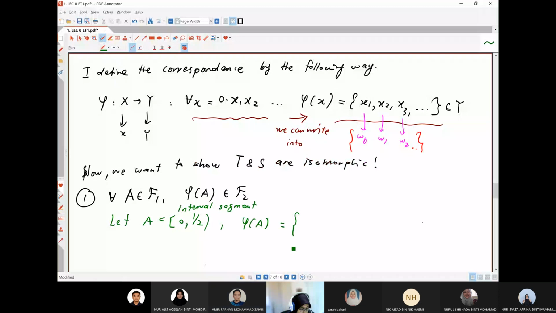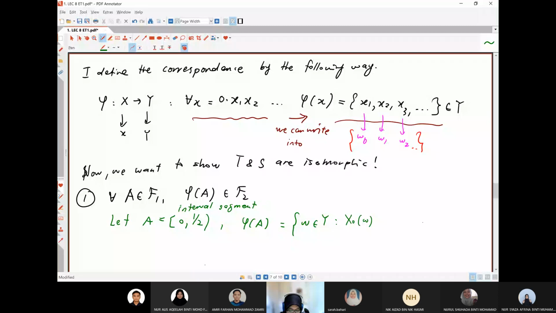So first you have omega taken from Y. So what happens to the digit? You will have the first digit x0 omega equals 0. Correct? Because the first digit is 0. Betul tak? Betul.